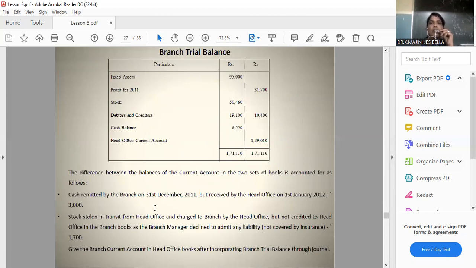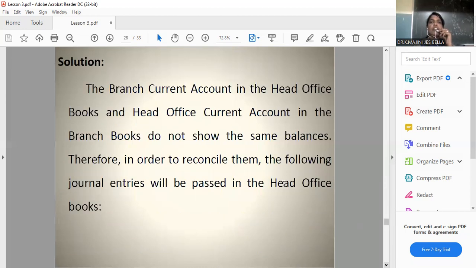Goods in transit. Cash remitted by the branch on 31st December 2011 but received by the head office on 1st January 2012. Stock stolen in transit from head office and charged to branch by the head office but not credited to head office in the books, as the branch manager declined to admit any liability not covered by insurance, 1,700.